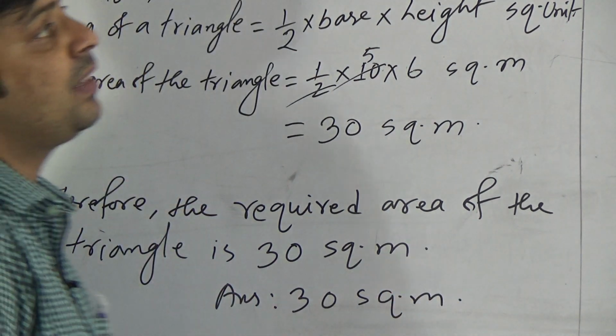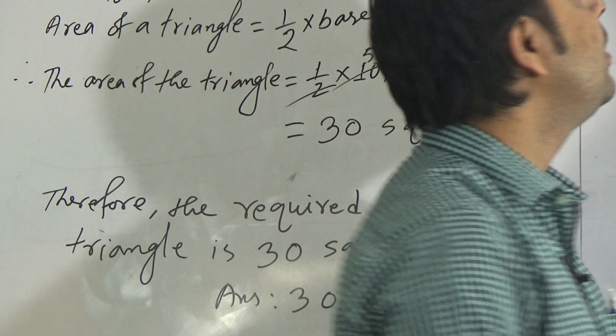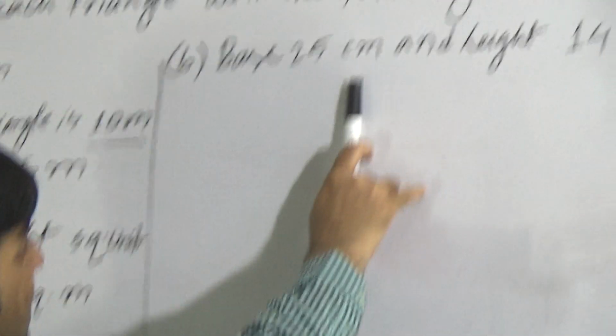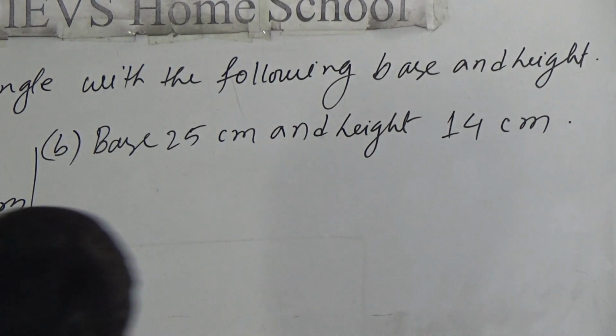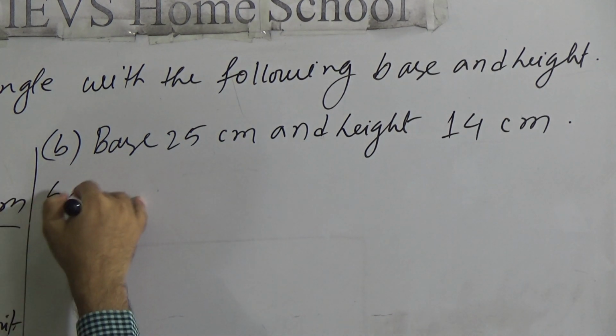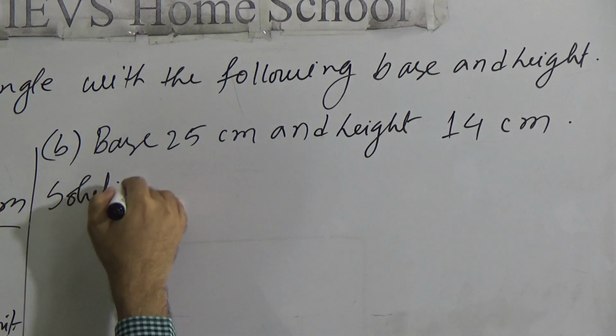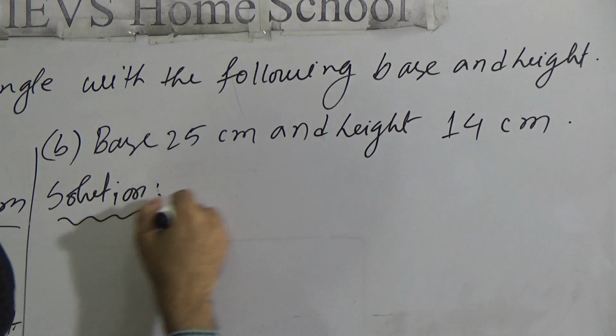So we can determine the area in case of B. Here the base is 25 centimeter and height is 14 centimeter. This is given, so we can write here solution. Similarly, we can solve this question. Both the questions are similar.